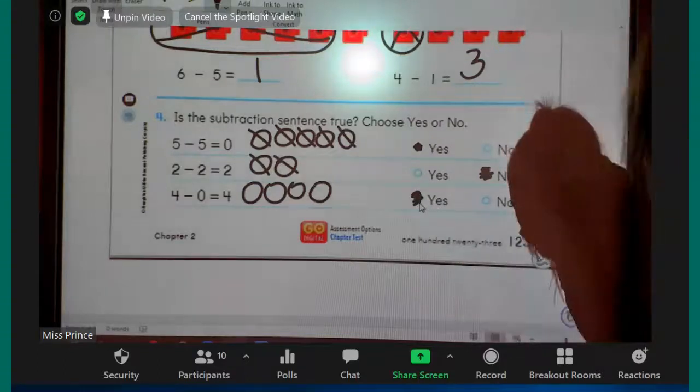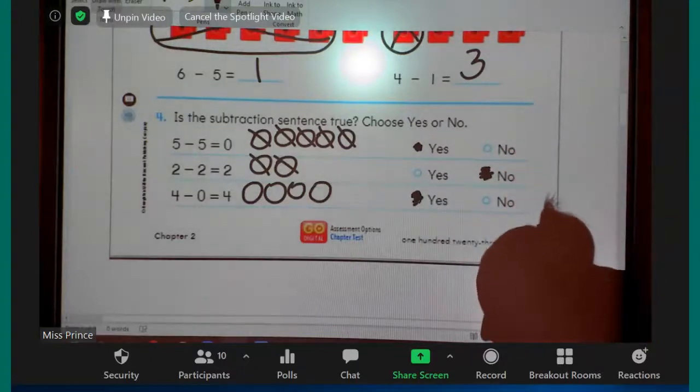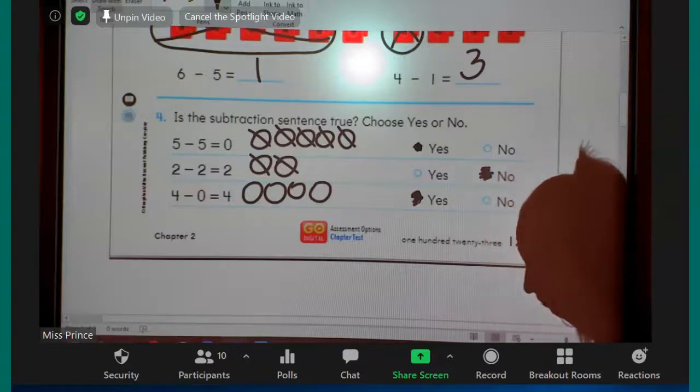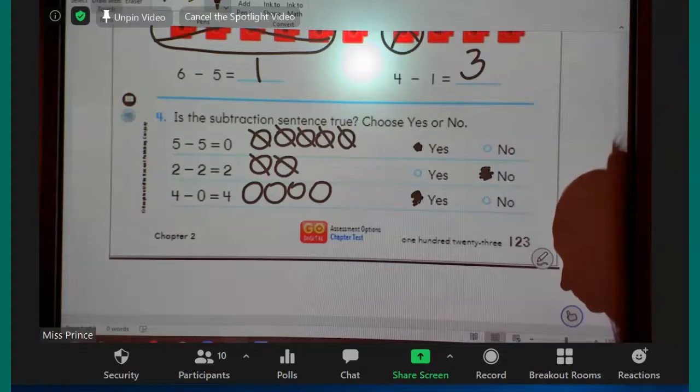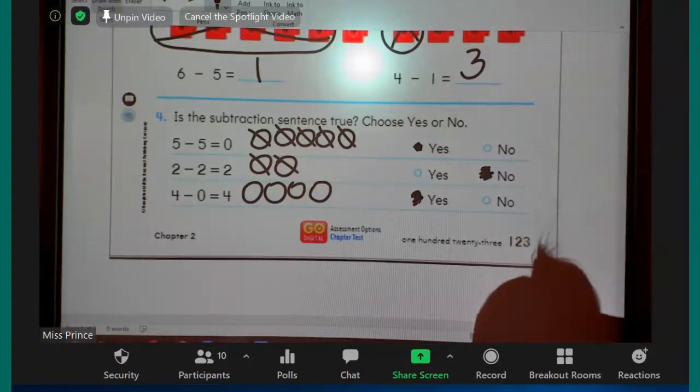First graders, does that make sense? You're going to be seeing something very similar to this on your test tomorrow. So I want you to make sure that this makes sense to you. Zayden, does that make sense? Yeah. Okay. Aaron, does it make sense? Yeah. Okay. Kaya, does it make sense? Yeah. Okay. Jose, does it make sense? He might not be back yet.